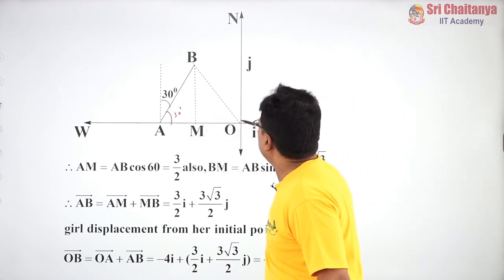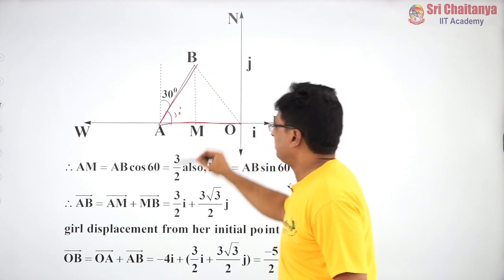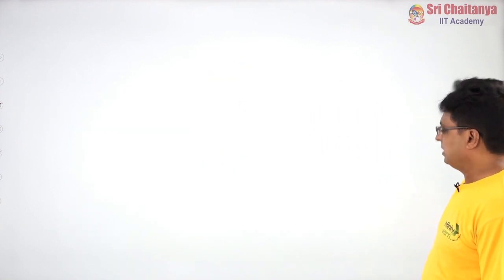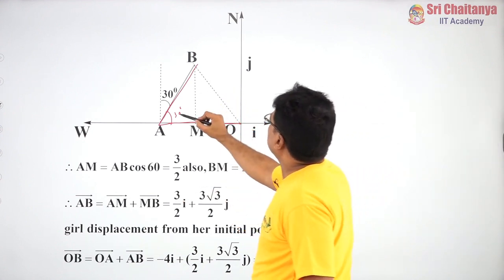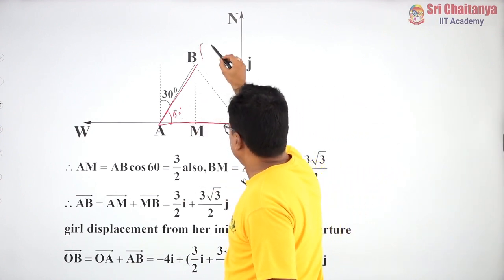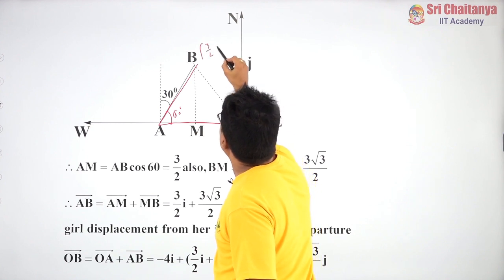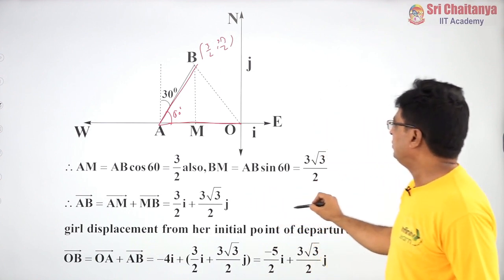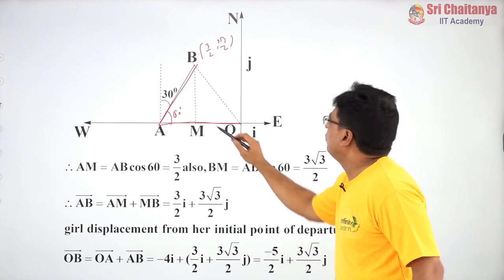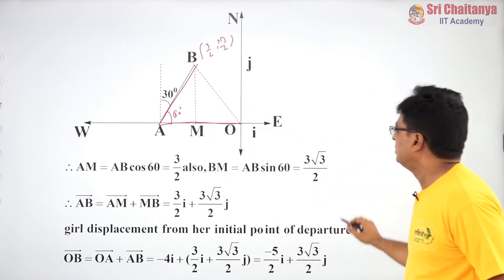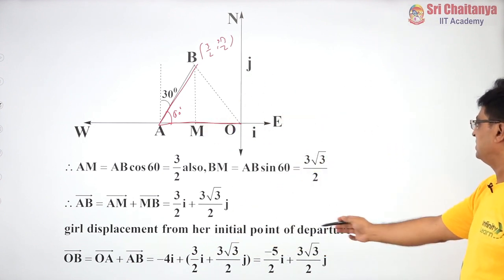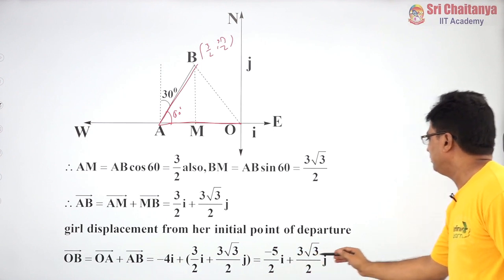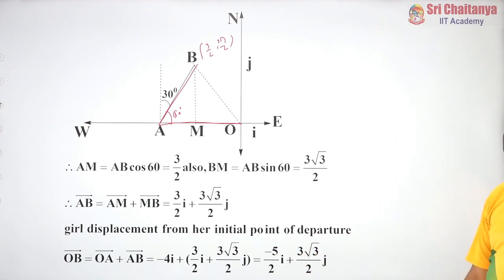Finally, I want OA bar plus AB bar. AB bar I got it. Because this is 60 degrees, this point is 3 by 2 comma 3 root 3 by 2. So AB bar is 3 by 2 i plus 3 root 3 by 2 j, and OA bar I got it. Finally, I want the displacement from here to here. The total displacement is minus 5 by 2 i plus 3 root 3 by 2 j. Simple, clear.